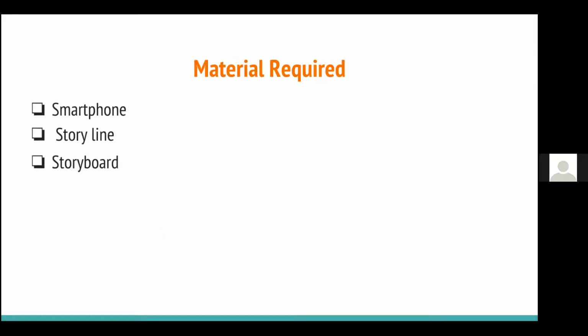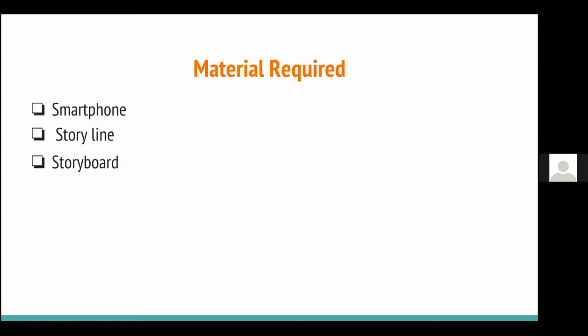Material required. What materials do we require? To create an animation, we must have a smartphone, because this is a mobile based app. So we need a smartphone, we need a storyline for which we create the animation, and we need a storyboard.